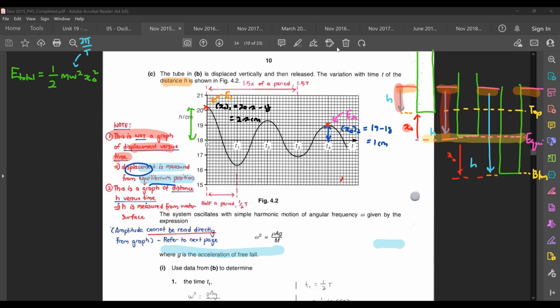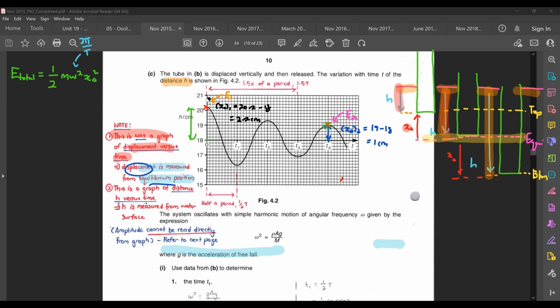Say in your case, you take the difference between this height and this height so that you can get this amplitude position. Okay, so that's why here you notice that to get your amplitude, you are really taking the differences between the two heights. Once you have that, you can now use your equation.